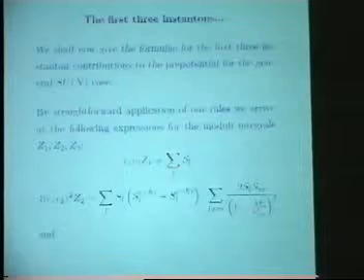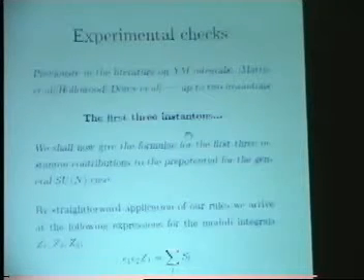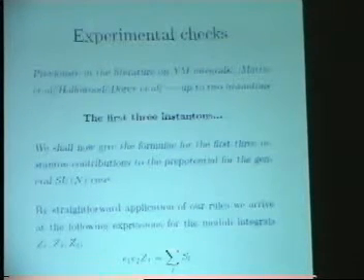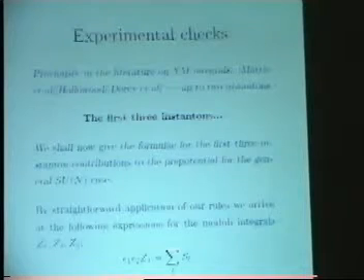So to convince ourselves, let's do some experimental checks. Experimental checks mean that we do this calculation and then we compare with what is known from the actual Seiberg and Witten solution, which I didn't describe because of lack of time.